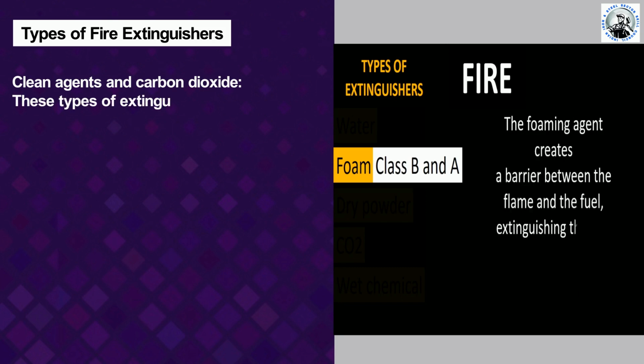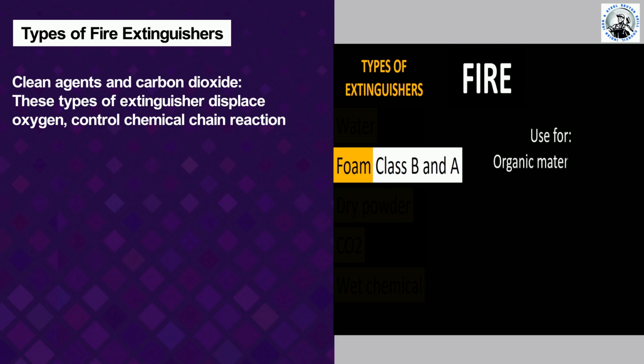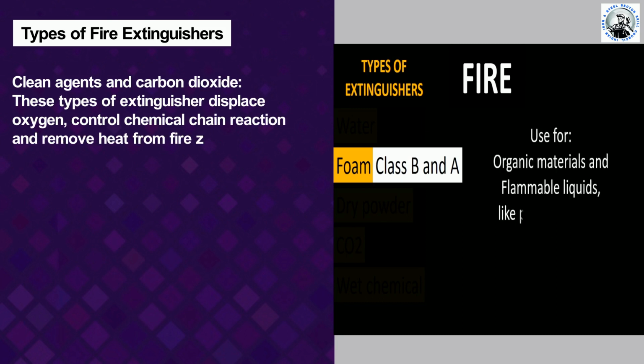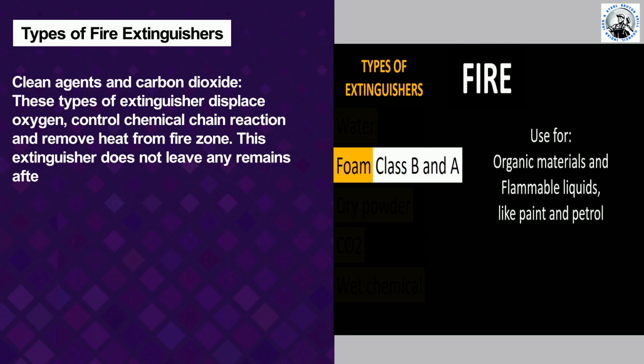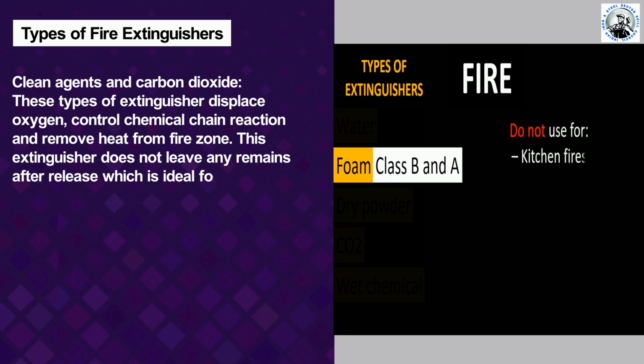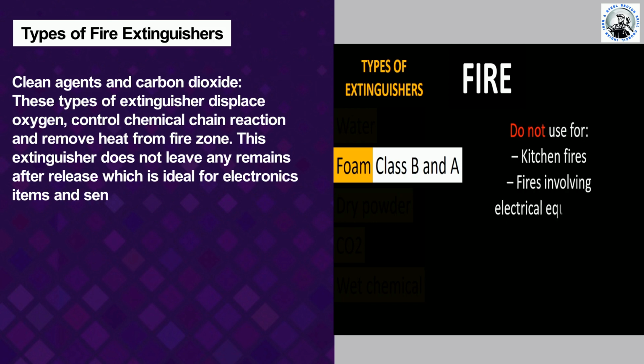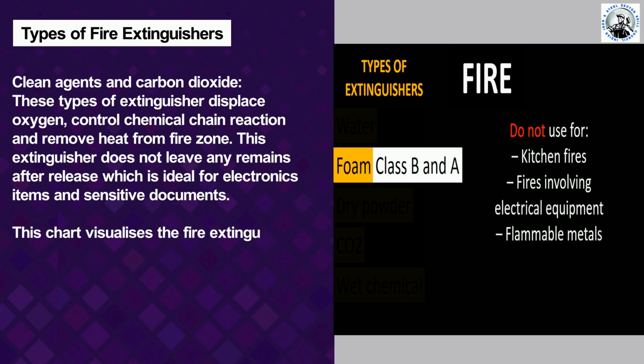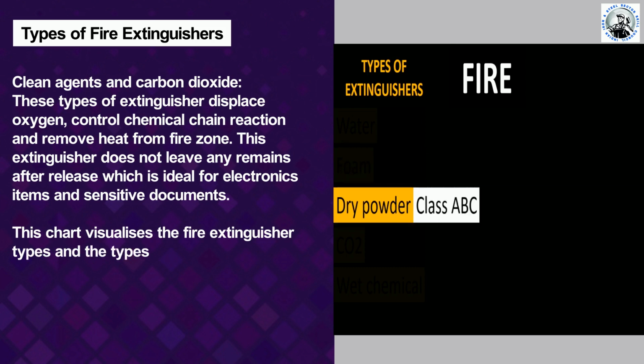These types of extinguishers displace oxygen, control chemical chain reaction and remove heat from the fire zone. This extinguisher does not leave any remains after release, which is ideal for electronic items and sensitive documents. This chart visualizes the fire extinguisher types and the types of fire for which they are suitable.